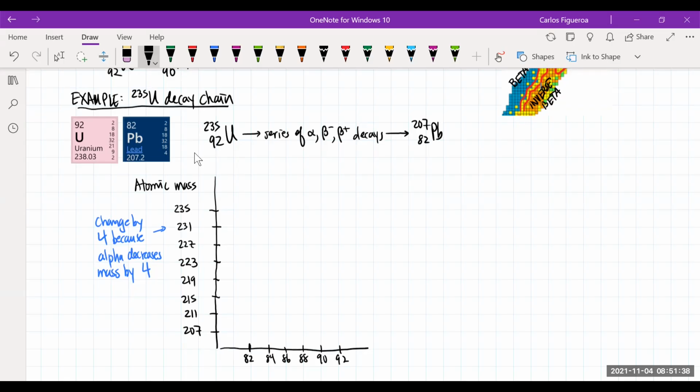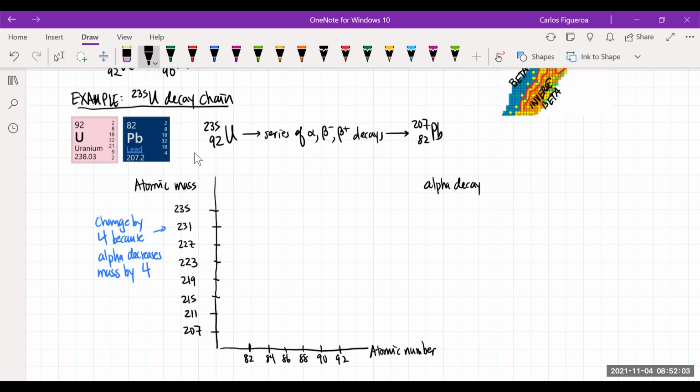And this guy right here is the atomic number. So here's what you're going to see here. If I do alpha decay, this thing has to fall.